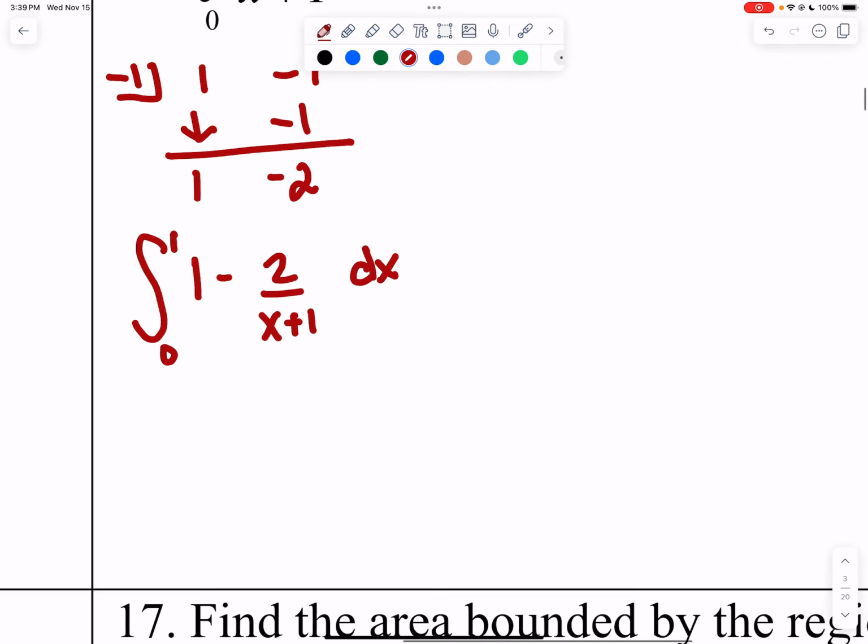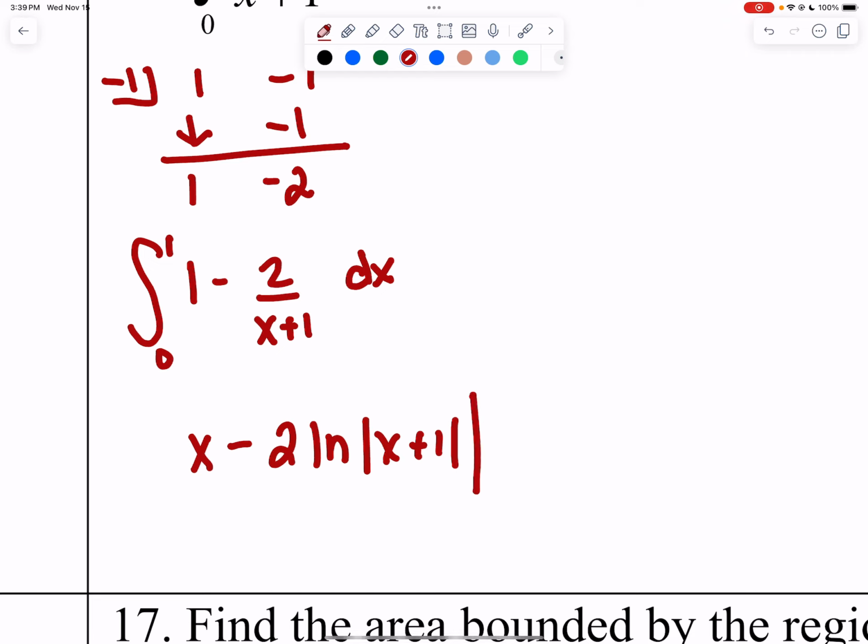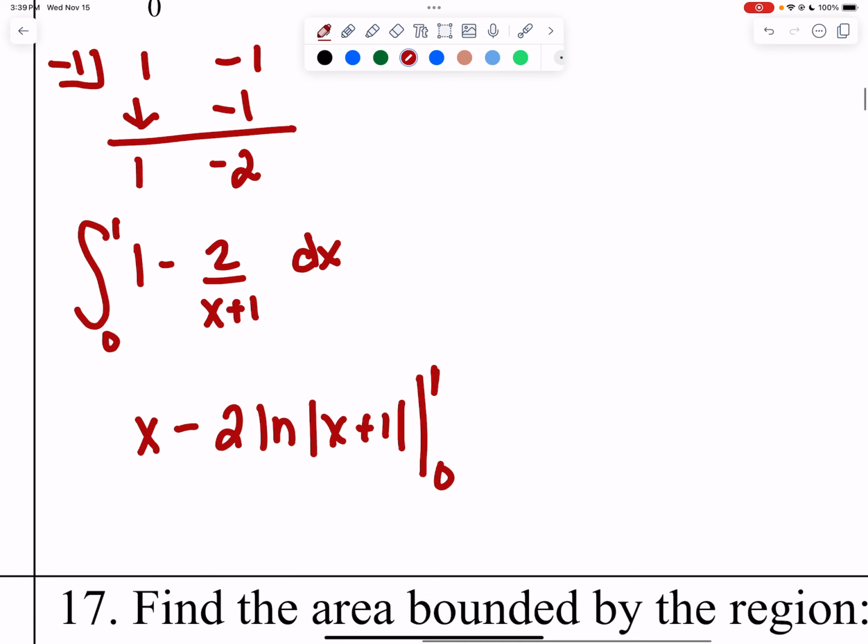Okay? So then if I take the integral or the antiderivative here, I'm going to get x minus 2 ln of the absolute value of x plus 1. And this is from 0 to 1.